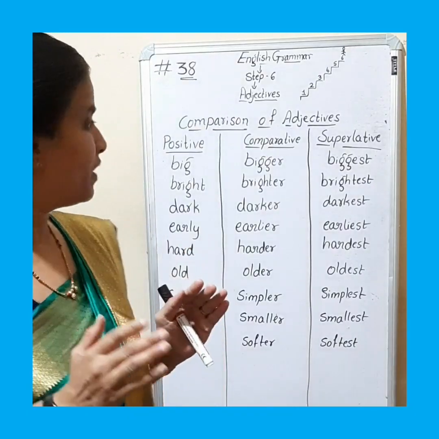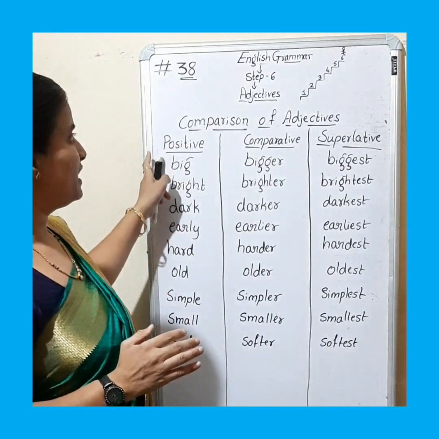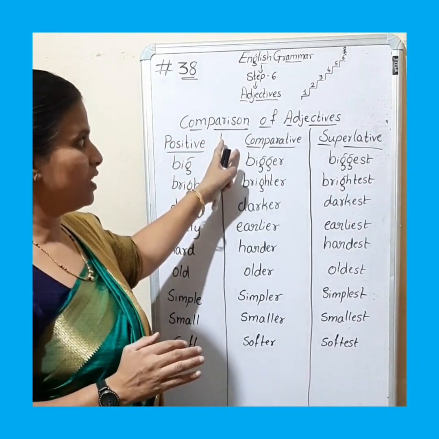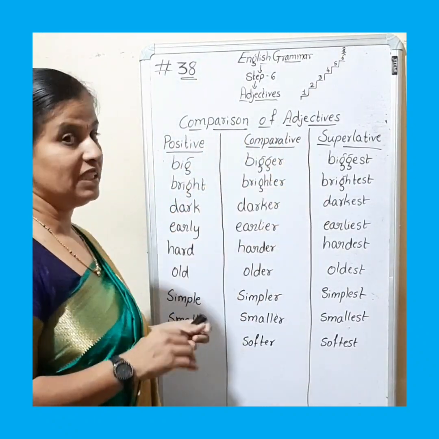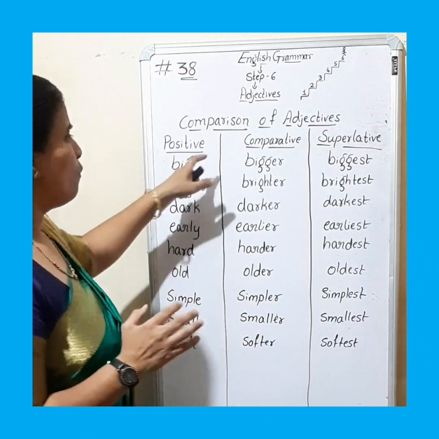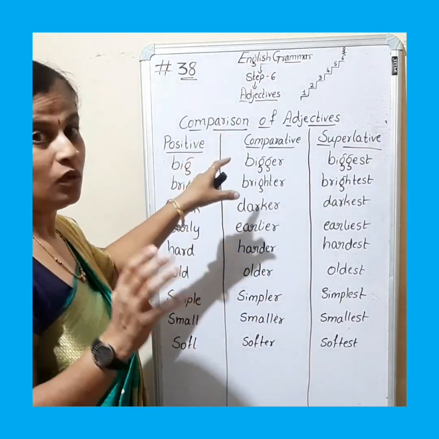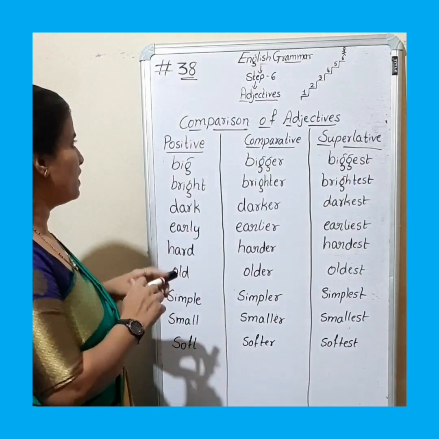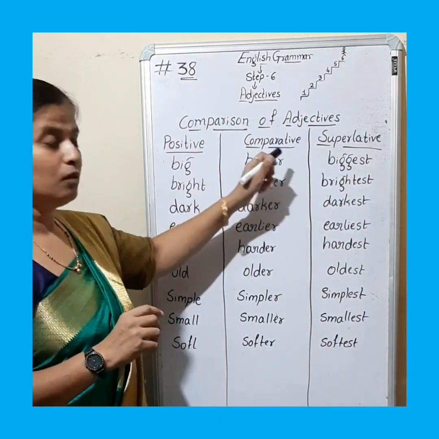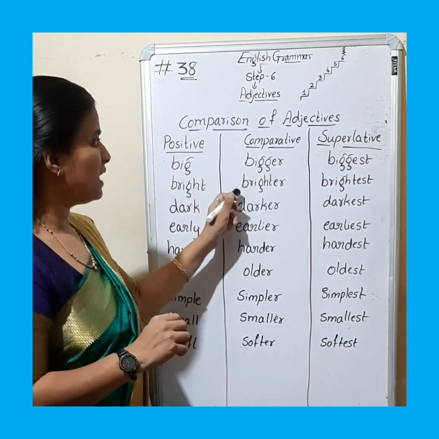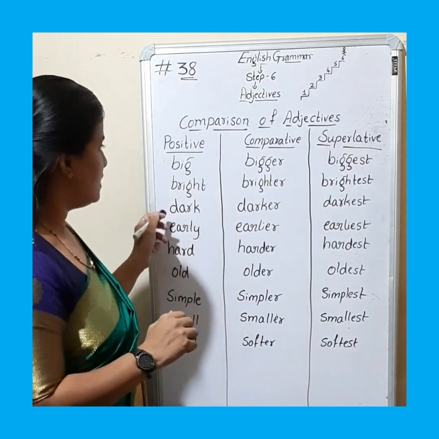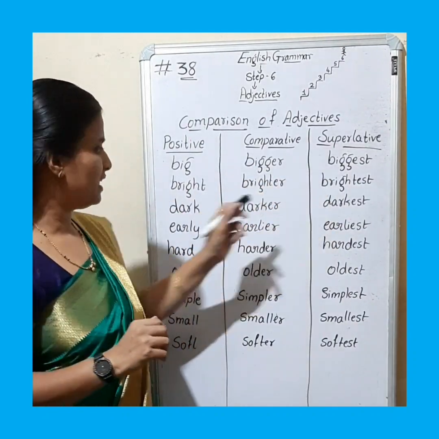Let's have a look over here now. Positive degree of comparison, comparative degree of comparison, superlative degree of comparison with short adjectives, one or two syllables. Big, bigger, biggest. Bright, brighter, brightest. Dark, darker, darkest.